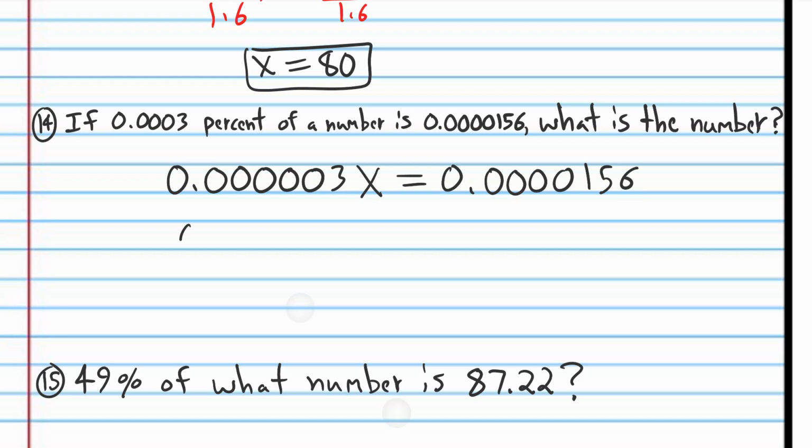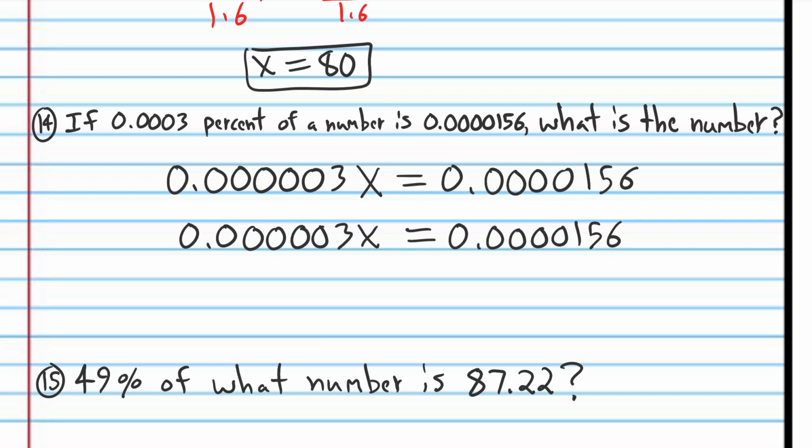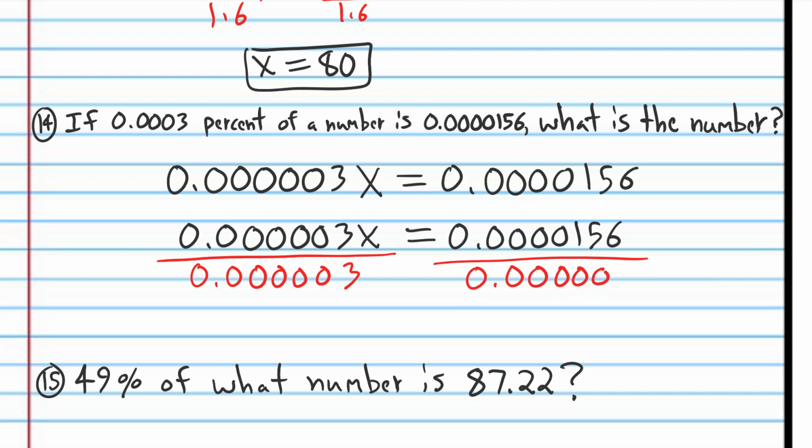So now we're going to rewrite and divide both sides. We've got to get x by itself, so we've got to get rid of that big old decimal.